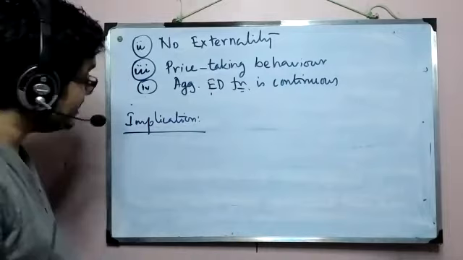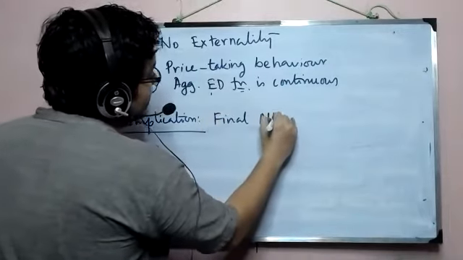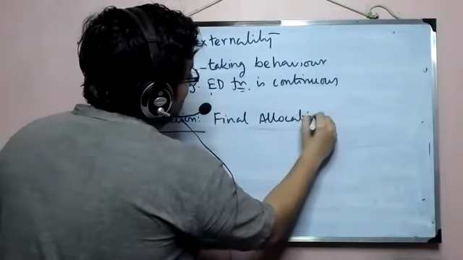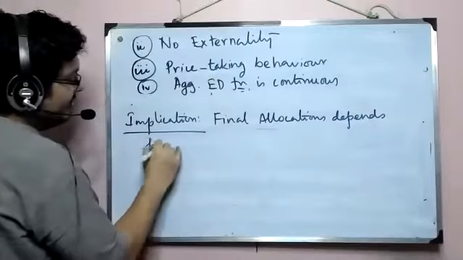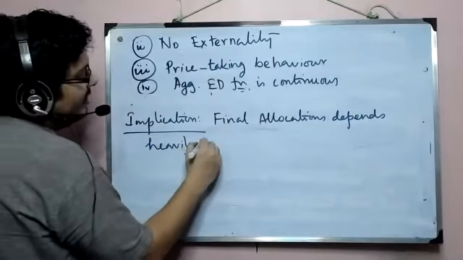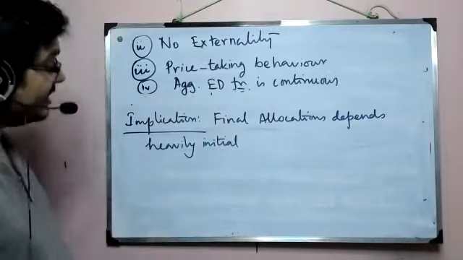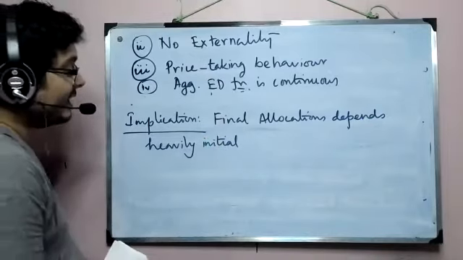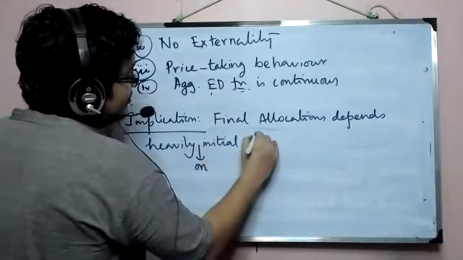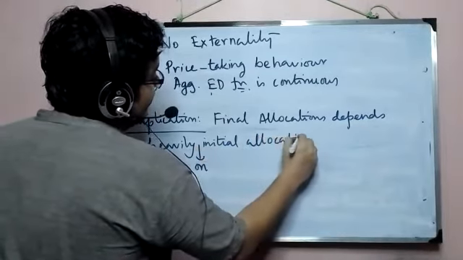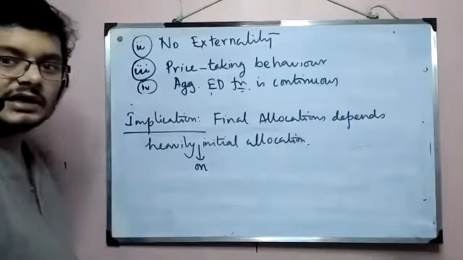So what I'm saying is that the final allocation depends heavily on the initial allocation. So in other words, your inheritance, kind of. So where do we start? Okay. And this goes to quite an extent.